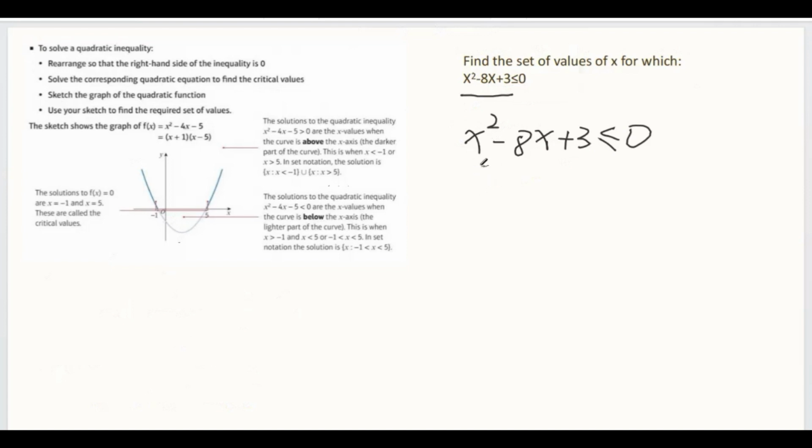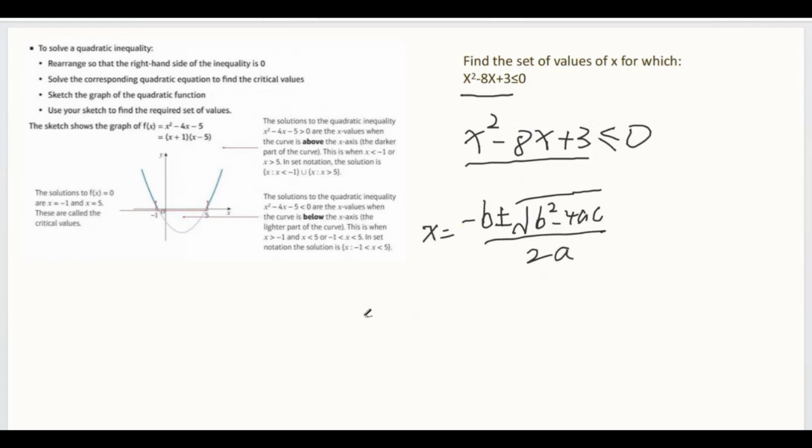So we have to factorize this quadratic, but it's hard to factorize, so we have to use the quadratic formula. x equals negative b plus or minus the square root of b squared minus 4ac, all over 2a. So we have to find two roots.